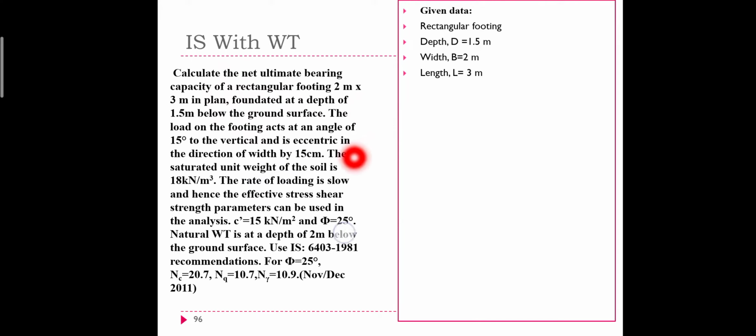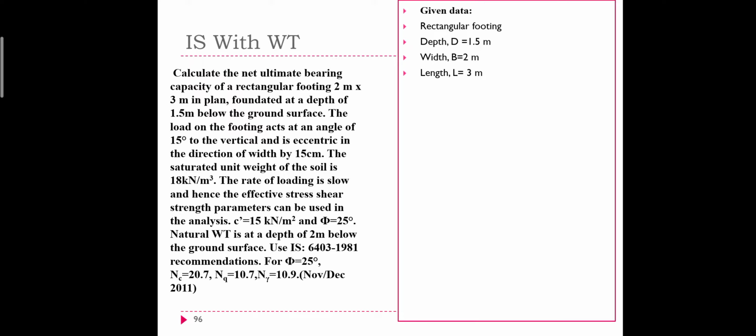Then next, the load is given. The load is not acting vertical. The load is inclined. So inclination factors will not be equal to 1. If the load is vertical, inclination factors we can simply take as 1.